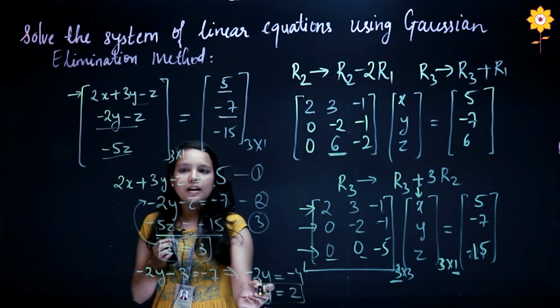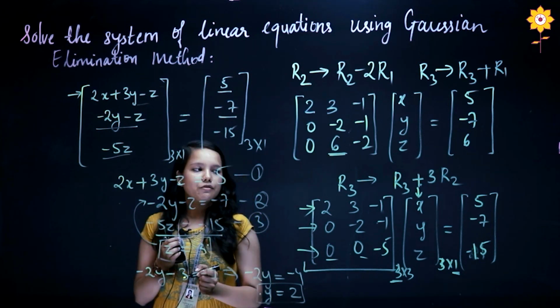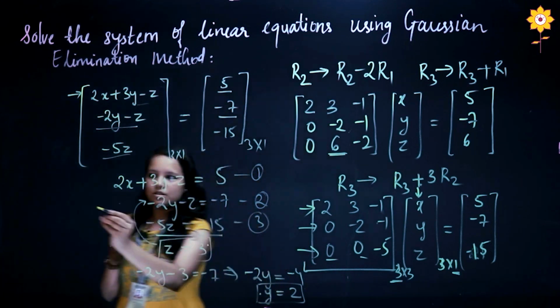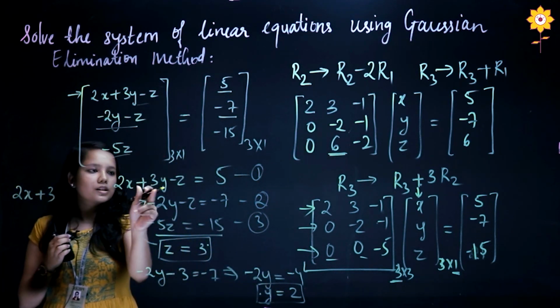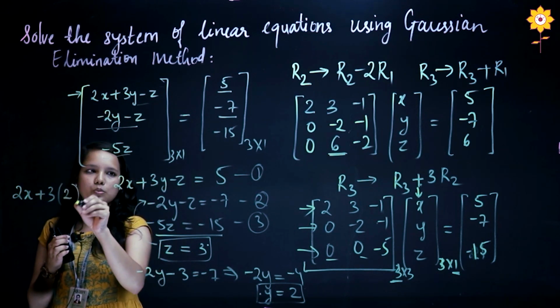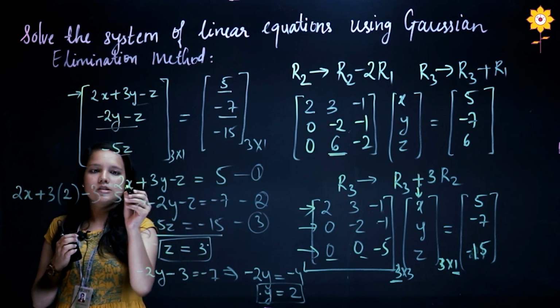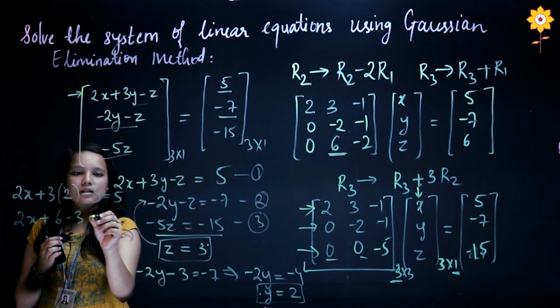Now this value for y and this value for z we are going to substitute in the first equation to get the value for x. So let's just do that. So 2 into x plus 3 into, what is the value for y we got? It is 2. Minus z, we got 3. Let's solve this equation. So we will get 2x plus 6 minus 3 equals 5.